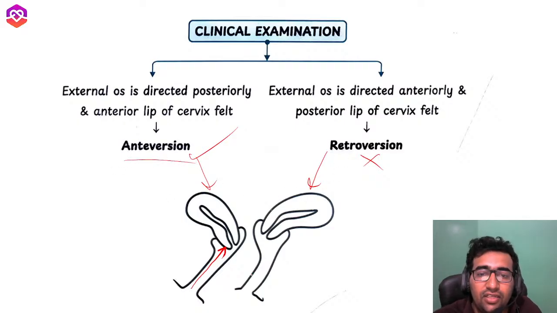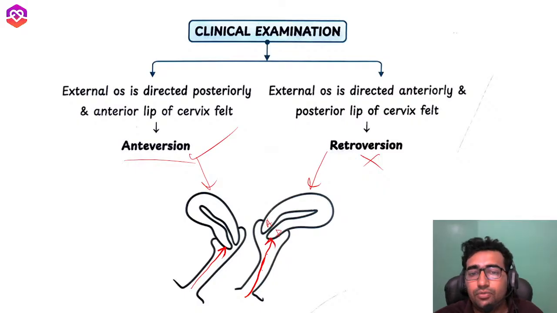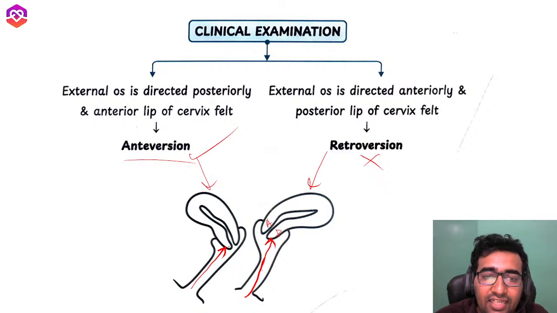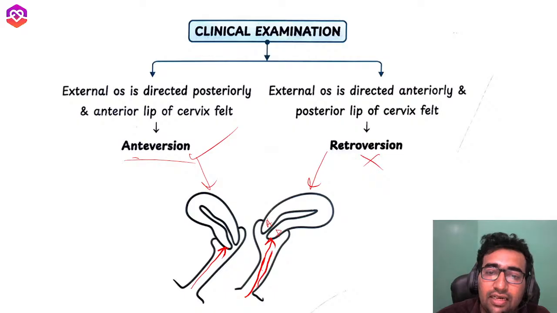But in retroversion, you will feel the posterior lip only. So that's the difference. If under finger examination you feel the anterior lip of the cervix, it is anteversion. If you feel the posterior lip of the cervix, it is retroverted.